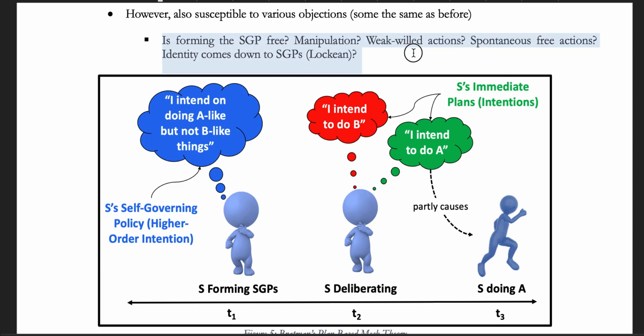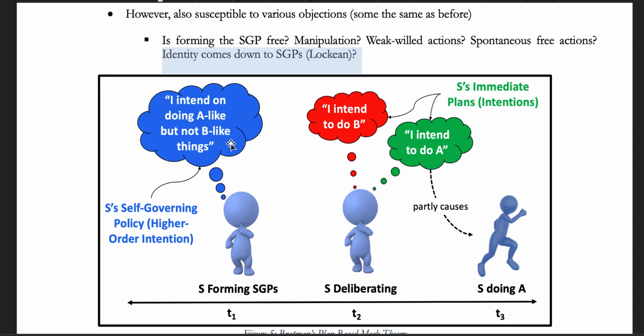You might just do something that seems totally out of character, but it's not clear why you can't have these spontaneous, out of character free actions. And Bratman is going to have a really hard time explaining that on his view, more so I think than other people, like Watson and Frankfurt.